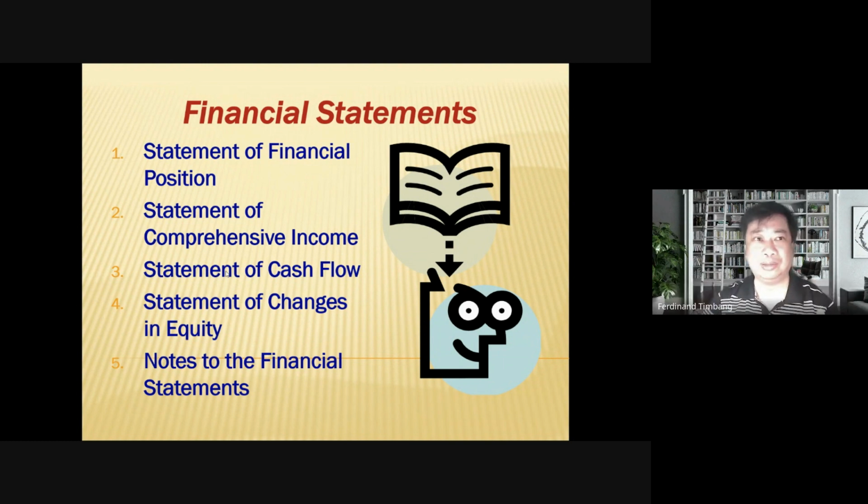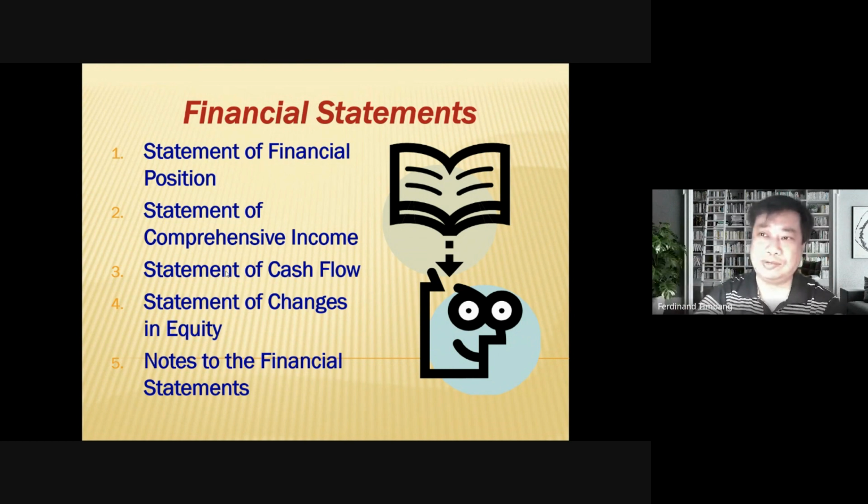Because the liabilities can be divided into two, no? Meron tayong tinatawag na current at meron tayong tinatawag na non-current. So when we say current liabilities, we're talking of the short-term obligations, payable within 1 year. But when we talk of long-term obligations, these are obligations beyond 1 year, no?